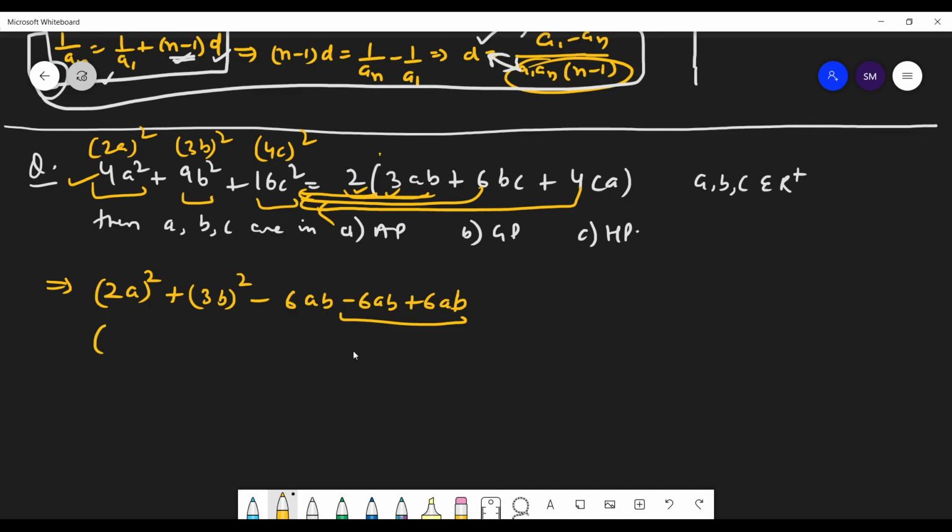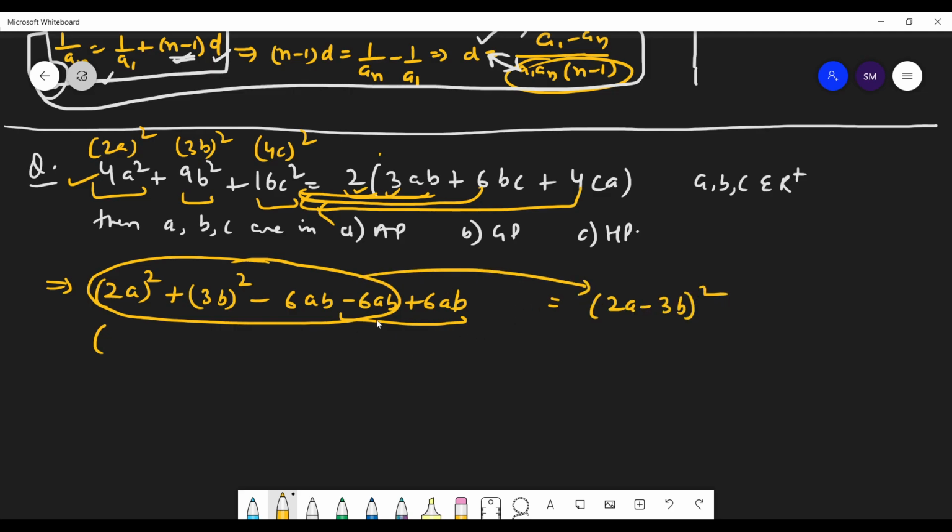This is the identity a plus b plus c whole square. So this will be one of my identities, that is 2a minus 3b whole square, and plus 6ab will be extra. So I have this extra thing also.